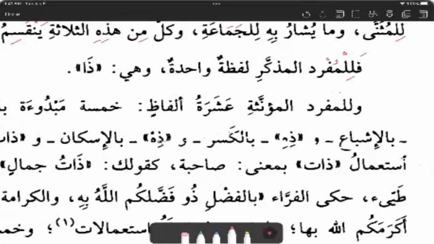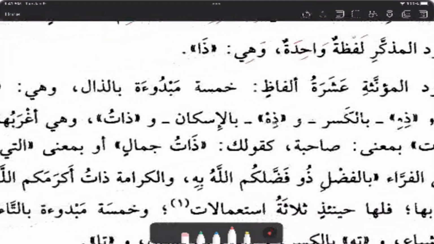For the singular masculine, there is a single expression only: dha. That. So when you say, as he's going to tell us, hadha, it's really that.